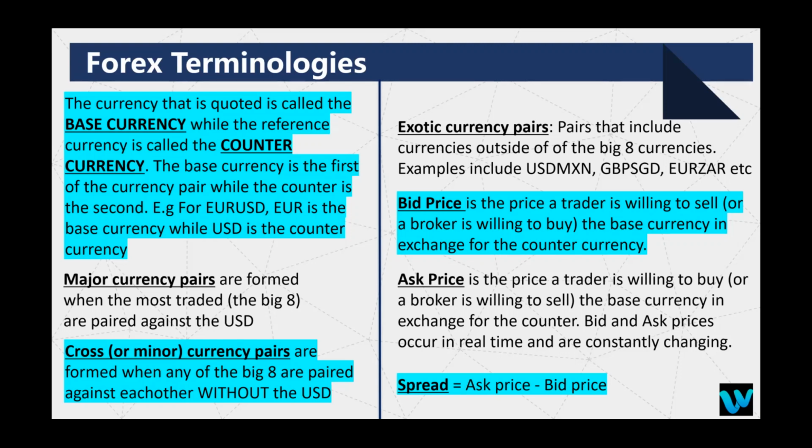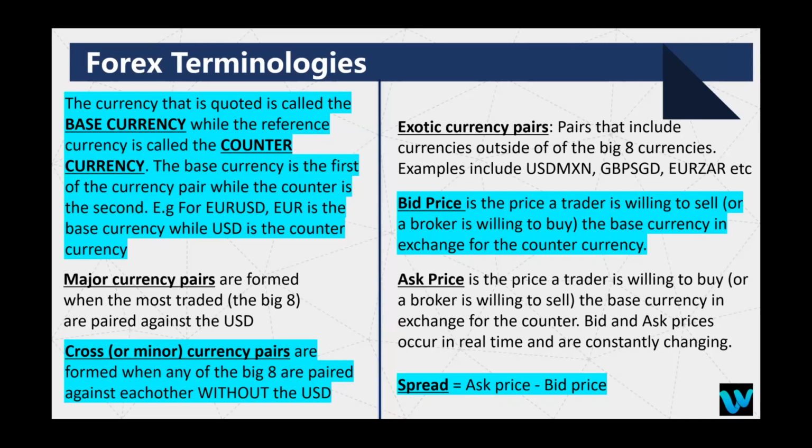So the bid price is the price a broker is willing to buy. If you want to sell, the bid price is the price the broker is willing to buy a particular currency pair.